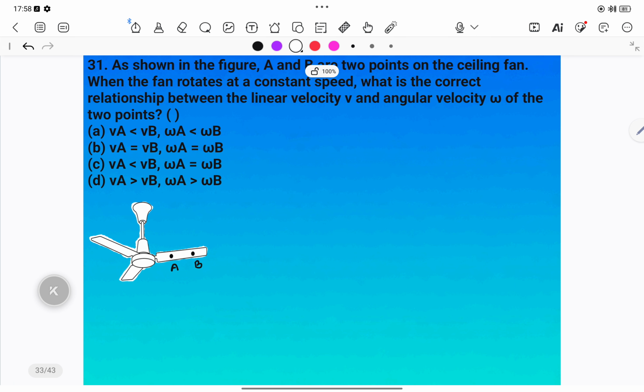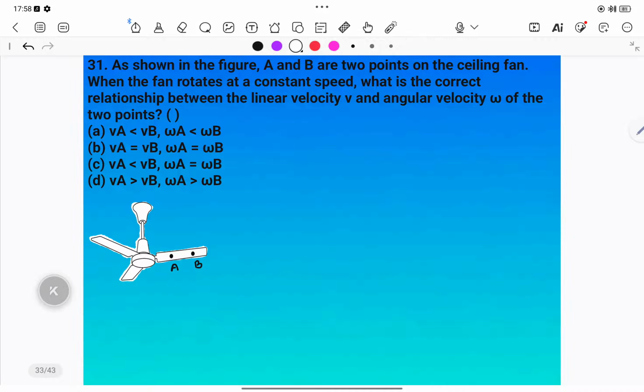Question number 31. As shown in figure, A and B are two points on the ceiling fan. When the fan rotates at constant speed, what is the correct relationship between linear velocity and angular velocity at points A and B?